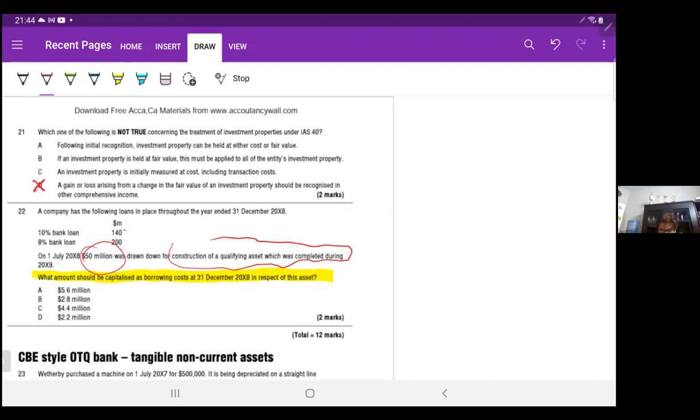So firstly, we had the 10% loan of 140, and the total loan is 340. Plus, the second is 8% into 200 divided by 340. So we will get 4.1% and 4.7%. Overall, it's 8.8%.